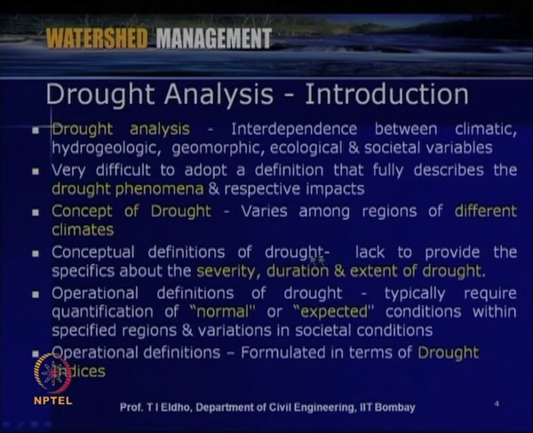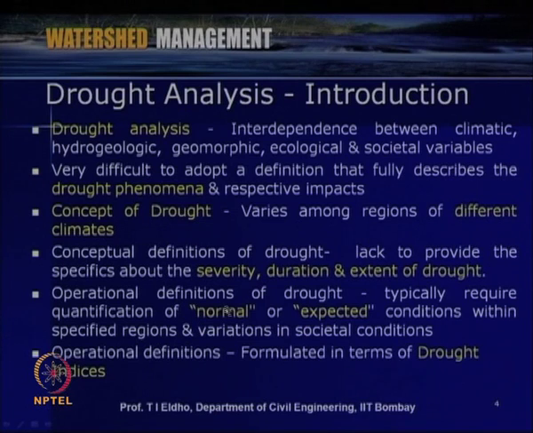These are the three important aspects we look into when we go for drought analysis: what is the severity of the drought, how much is the duration, and then the extent of the drought.